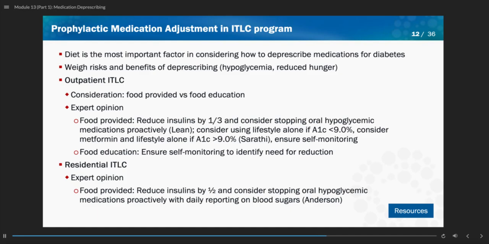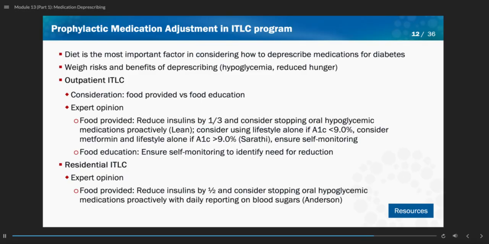A second group that made similar changes was Sarathi et al. In their intervention, they had patients make lifestyle changes alone if their A1C was less than 9, and lifestyle changes with metformin only if their A1C was above 9. Both of these studies showed good results in diabetes reversal.